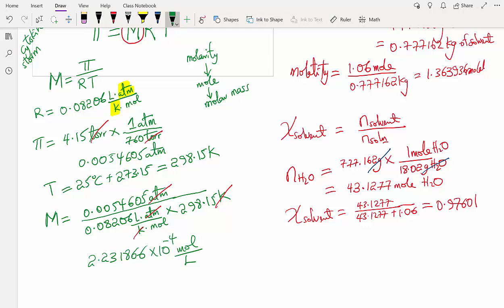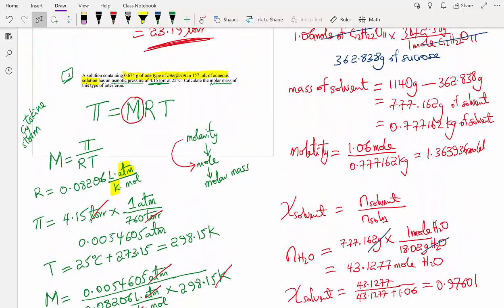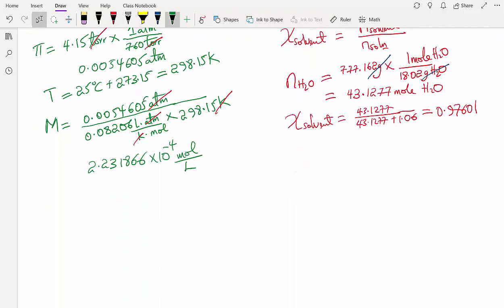Remember our plan, we want to use the molarity to find the moles. So let us find the moles out of the molarity. From the question, we were given the volume of the solution to be 157 milliliter. So the volume is known as 157 times 10 to negative 3 liters. 10 to negative 3 is the same thing as milli.